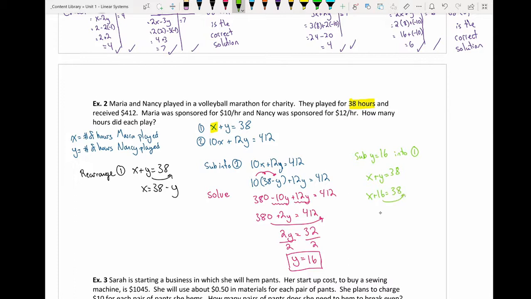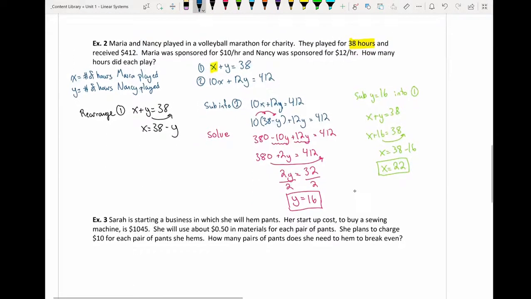Move the 16 over. I have x equals 38 minus 16. And then when I solve that, I have x equals 22. So that is my final solution.